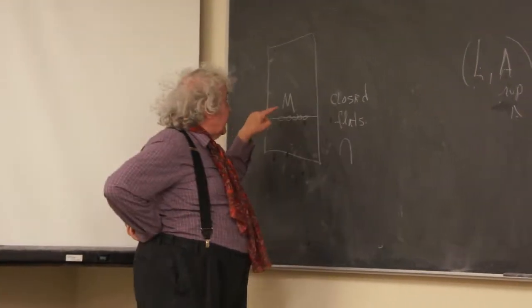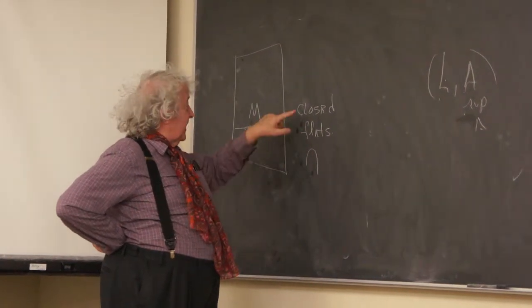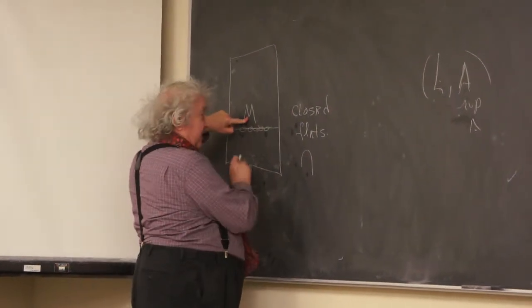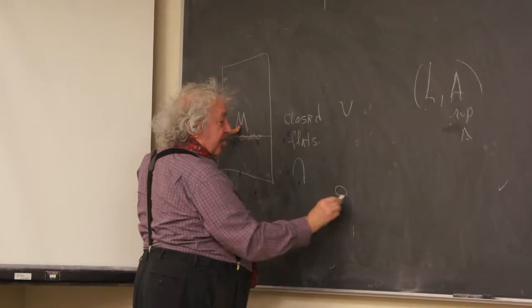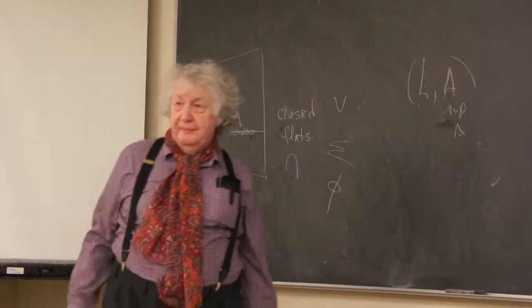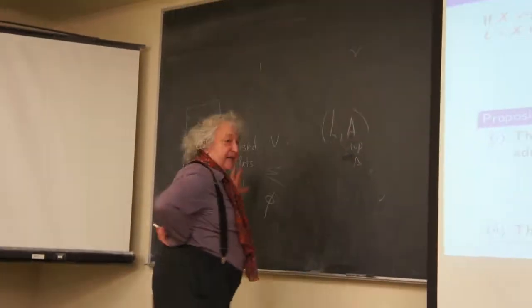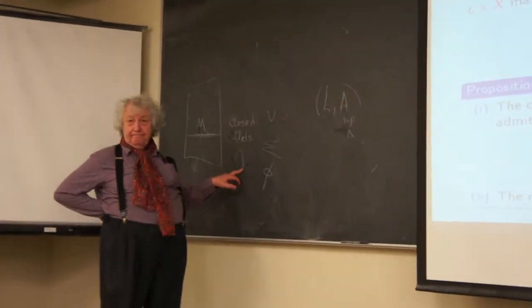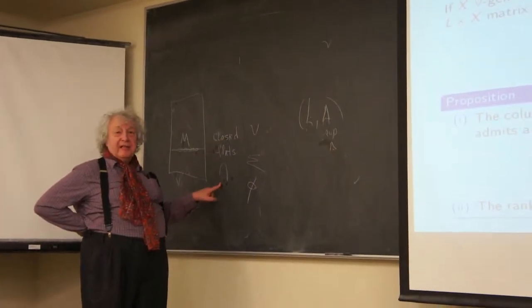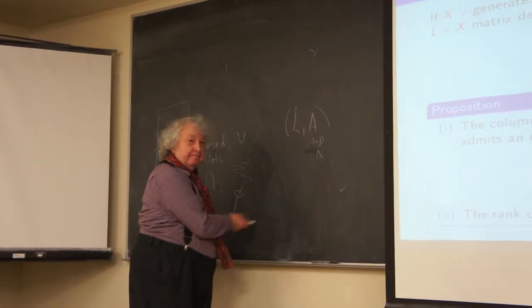Okay, so if I start with this matrix, the empty intersection gives the whole set. So this is V. So V is in, and under my assumption, the empty set is in, and some other sets are in. And these are now closed under intersection. So that's going to give us a lattice. The meet is going to be intersection.